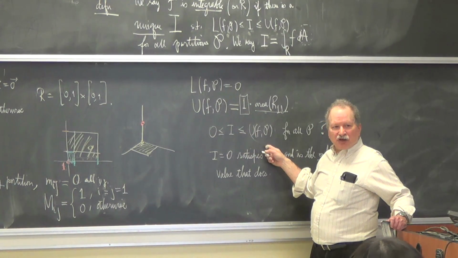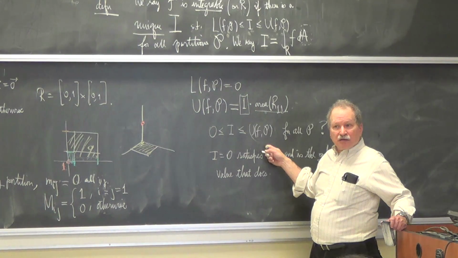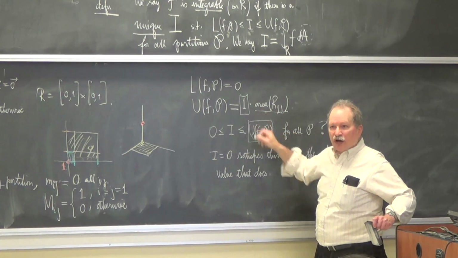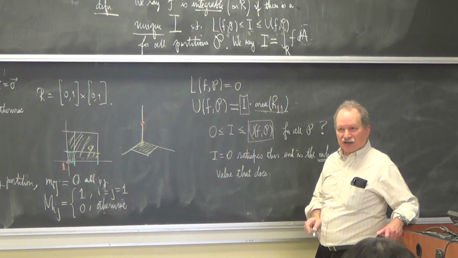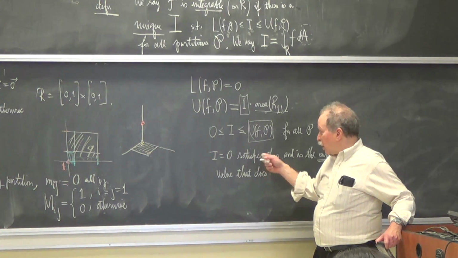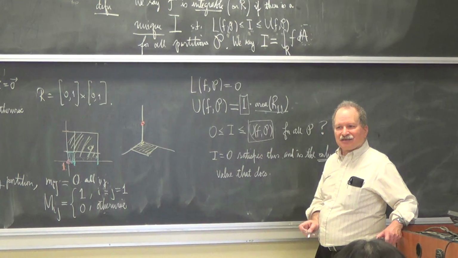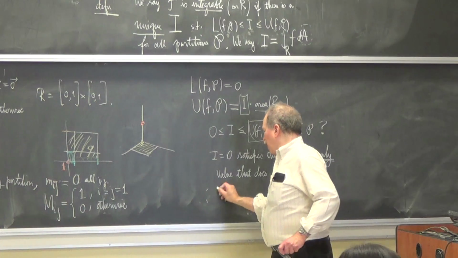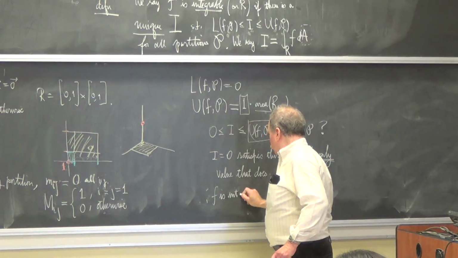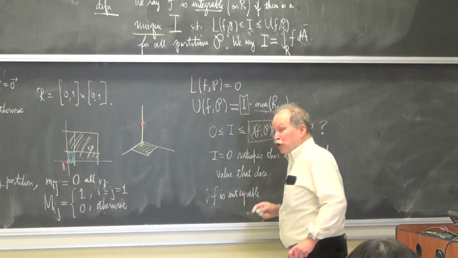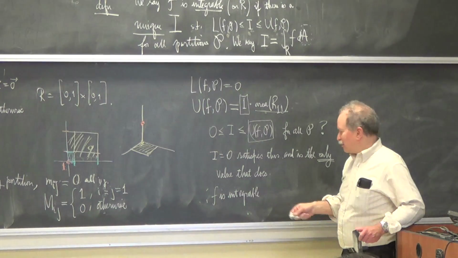No. Because you could do what? Find a small enough area. You could make the area smaller than 0.00001 by choosing the right partition. So 0 is the only number that fits for all partitions. Therefore, f is integrable, and the volume is in fact 0.